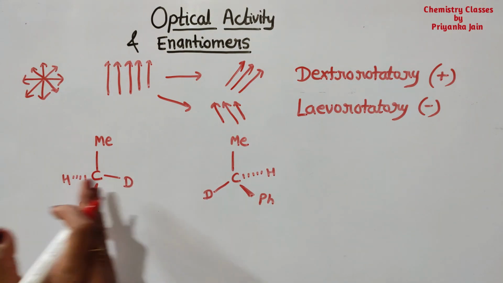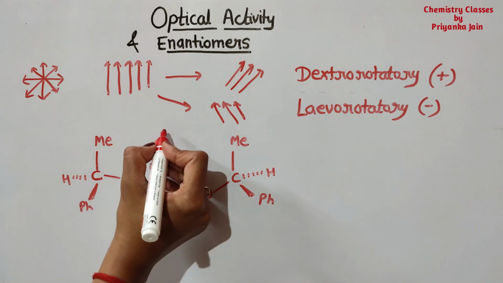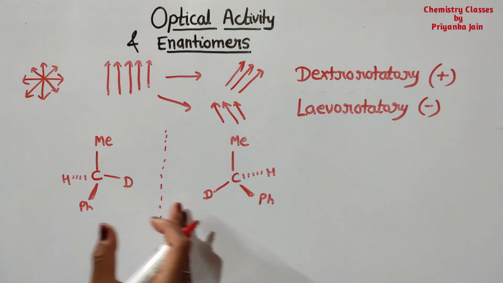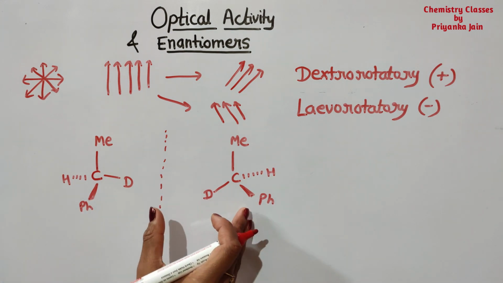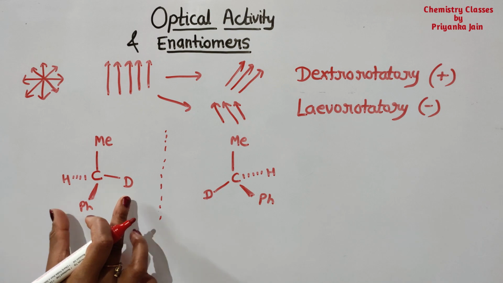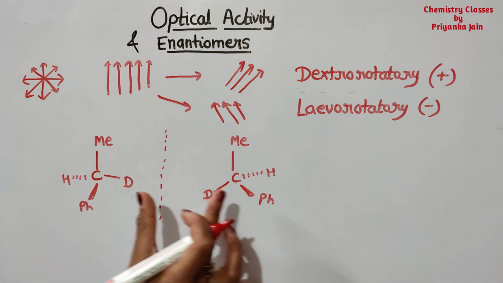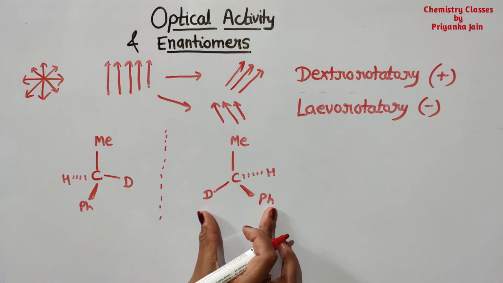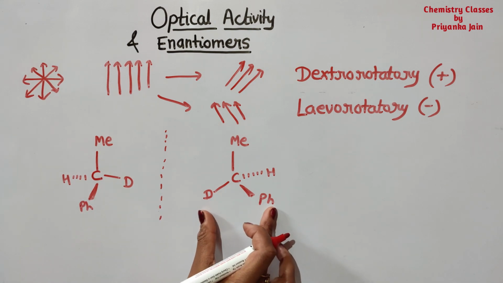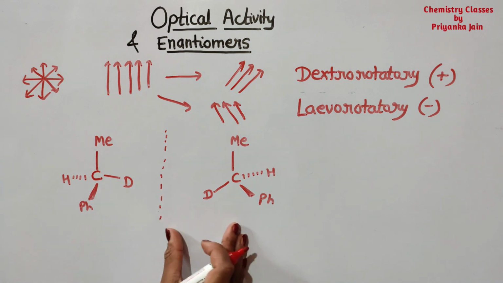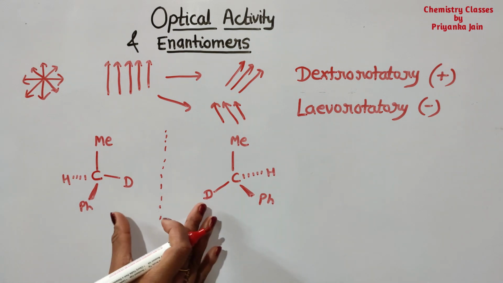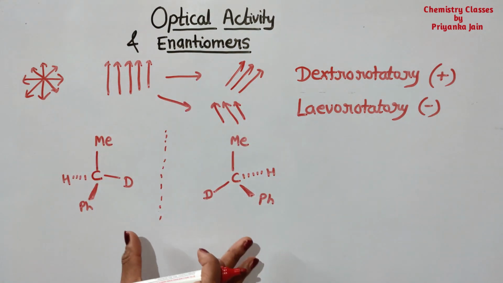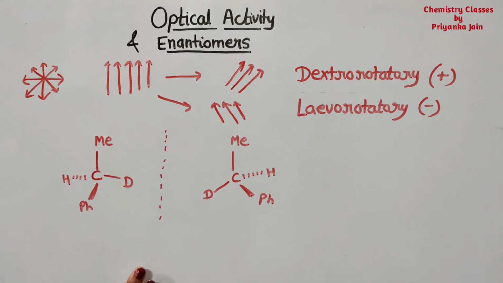You can see that they are mirror images of each other. If we put a mirror here, they will reflect each other. But if we try to superimpose this molecule upon the other, we cannot do this. It means they are non-superimposable mirror images of each other. Such isomers are known as enantiomers. One thing is clear here.